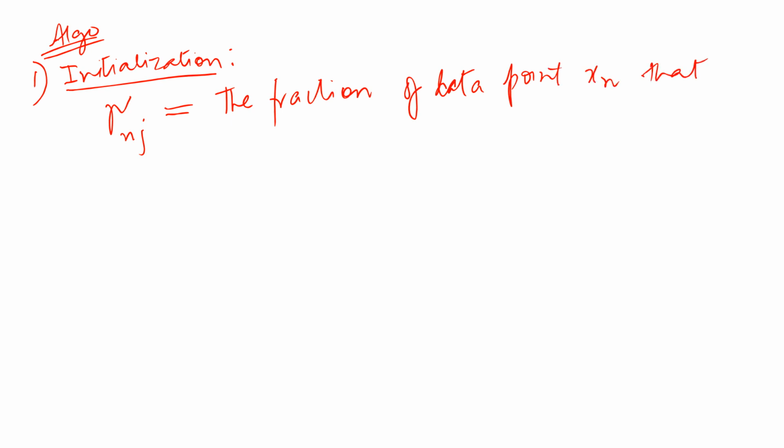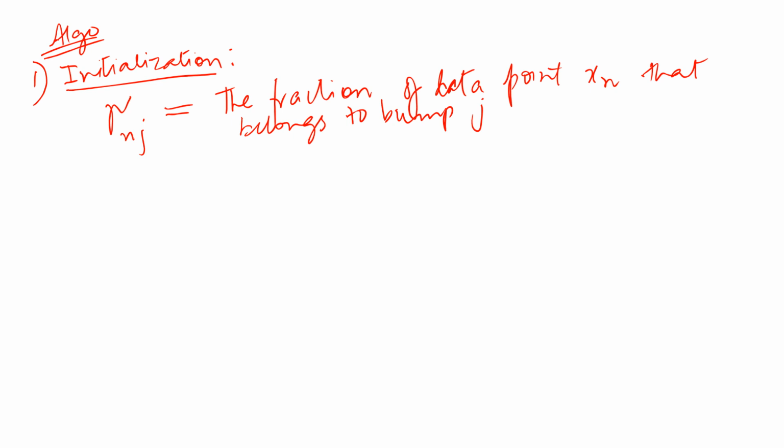What is this n and j? n is the nth data point and j is the jth bump. This is defined as the fraction of data point x_n that belongs to bump j.